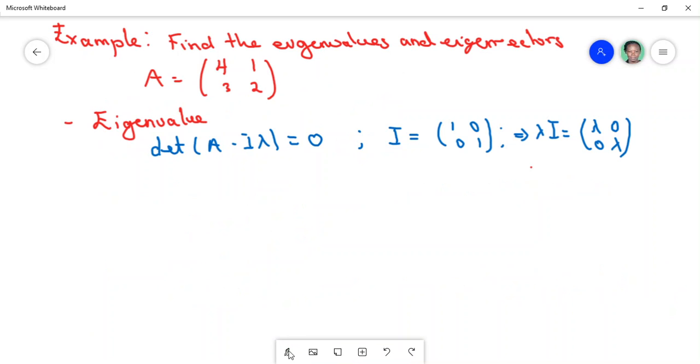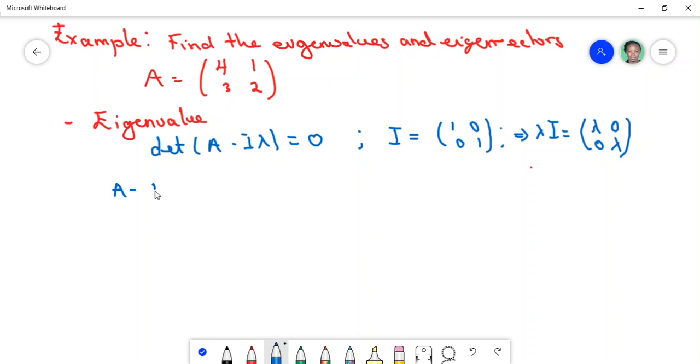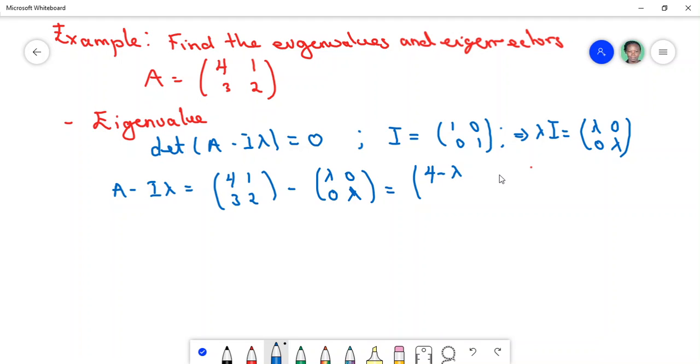So if I have A minus I lambda, what is A? My A is 4, 1, 3, 2 minus lambda 0, 0, lambda. This is going to be equal to 4 minus lambda, 1, 3, 2 minus lambda.